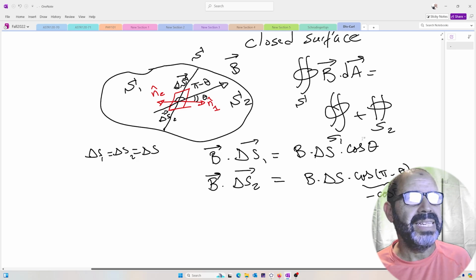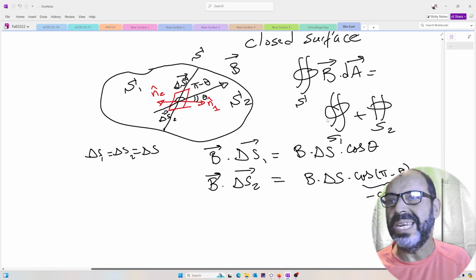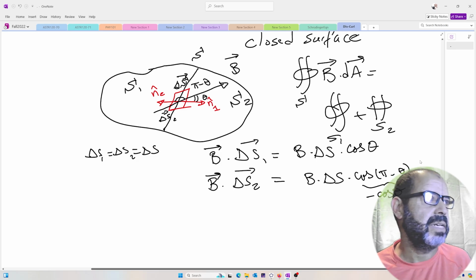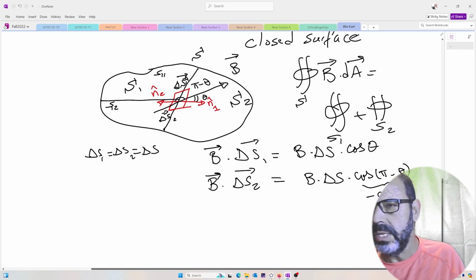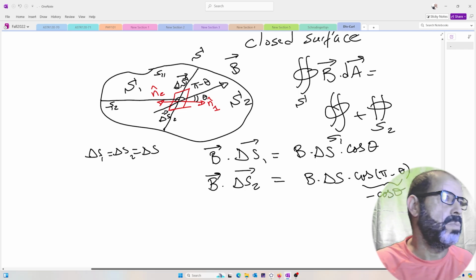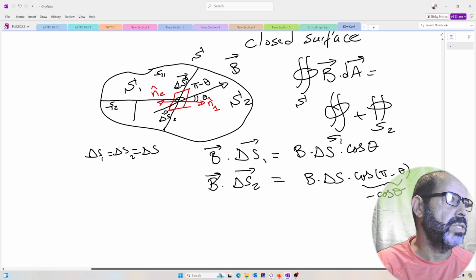Because of that, I can go willy-nilly and start cutting this surface into whatever shapes we want. As a matter of fact, I'm going to take S1 and cut it into two different portions. The top one I'll call S11, and the bottom one S12. And then keep on doing this until I arrive at a small enough quantity so that I can do the calculations.